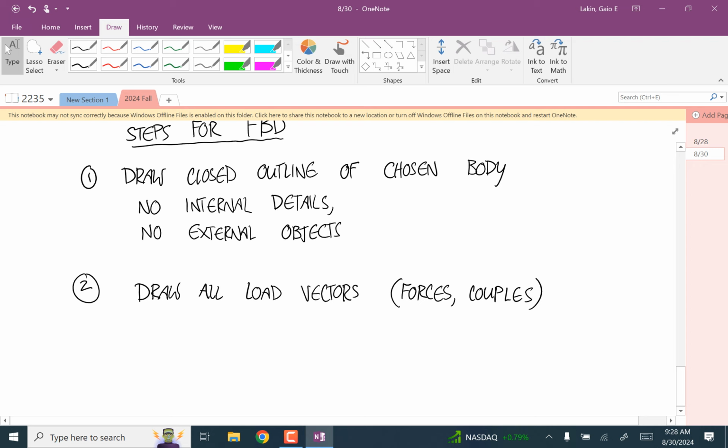But draw all the load vectors, and be very specific. These are the load vectors acting on the chosen body. We don't care about loads that the chosen body is applying to the surroundings, and we definitely don't care about forces that the surroundings are applying to each other.